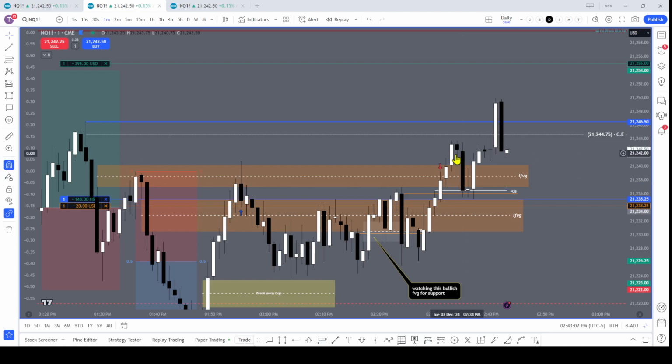Watching this down close candles for support, and then the upper portion of this inversion fair value gap, like I was talking about.